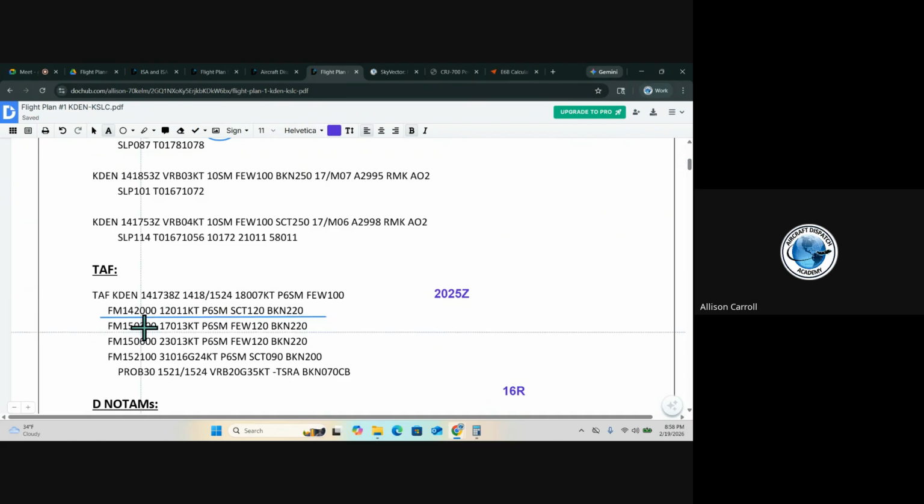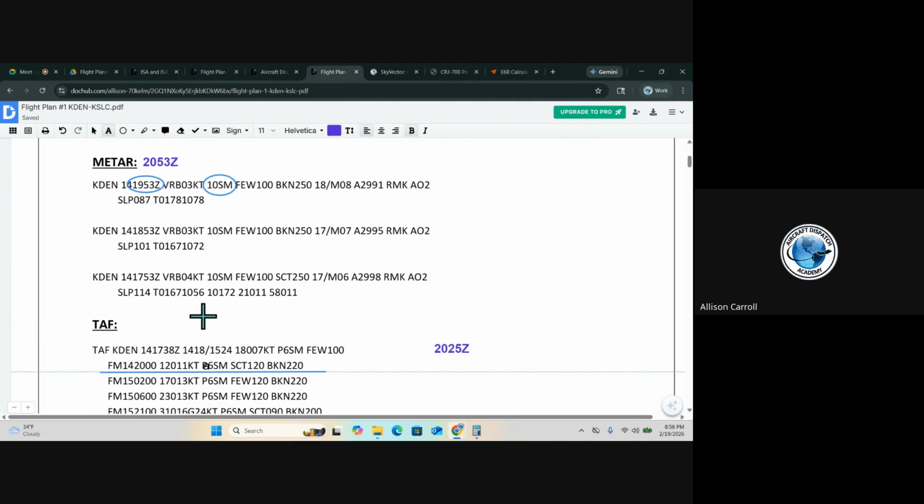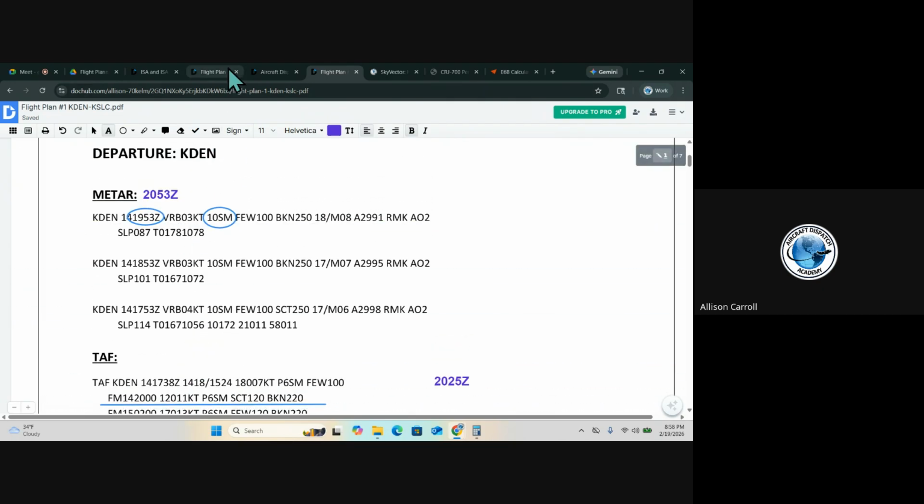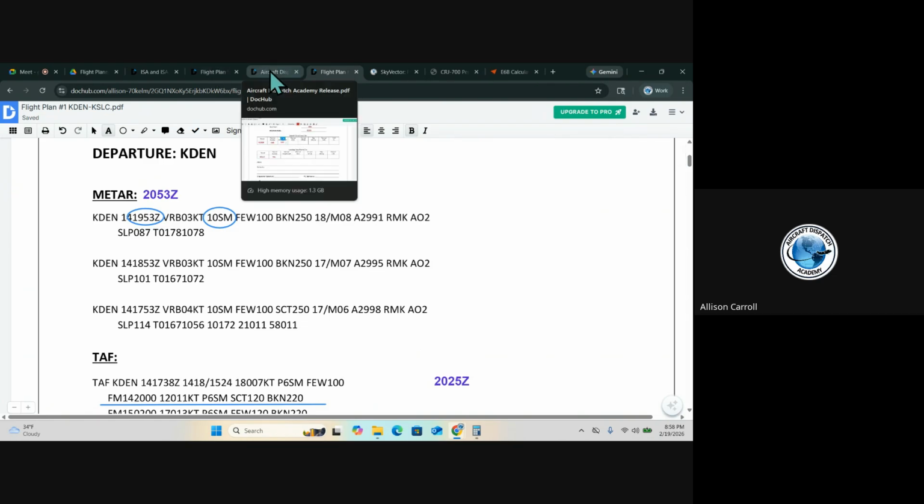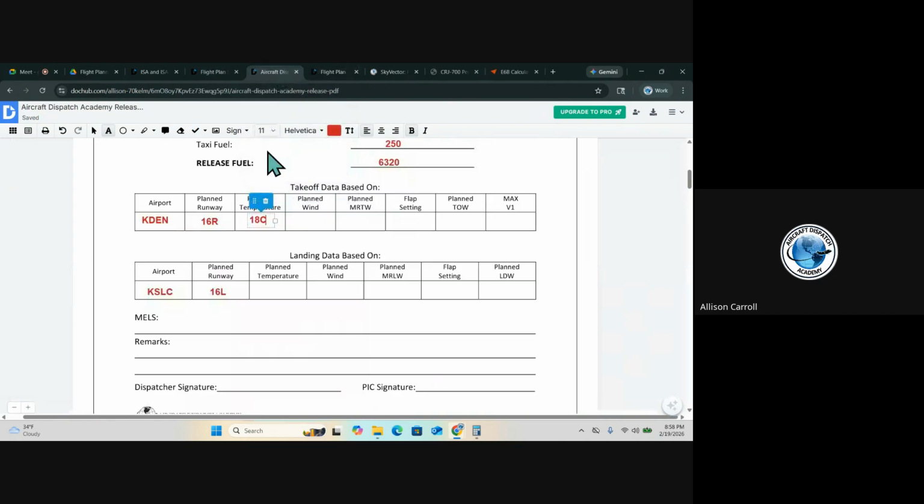We were looking at those forecast winds to pick our runway. Either one will work with your planned winds. I don't care. No one else is going to care because we aren't going to look at that, right? That's not going to affect anything as far as filling this out.